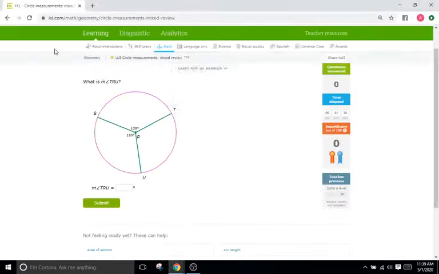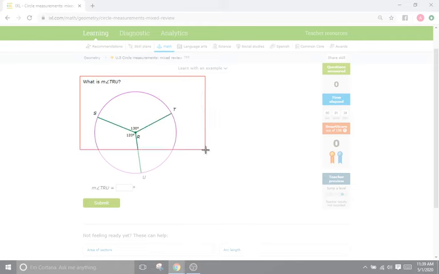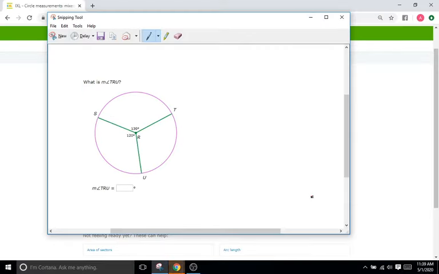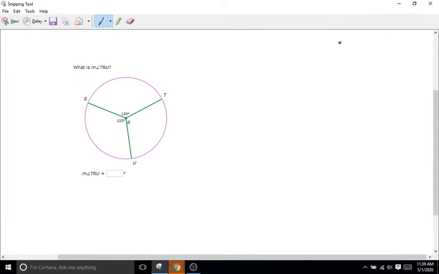So first problem is going to be a basic problem where we are trying to find a missing central angle. And this came from IXL U2. If we read the question, it says, what is the measure for angle TRU? So we have T, R, and U. So this angle right here is what we're looking for. Well, we know that all three of these angles have to add up to 360, right?